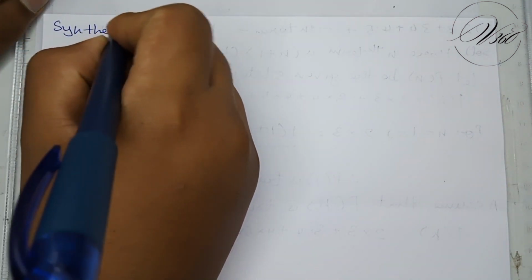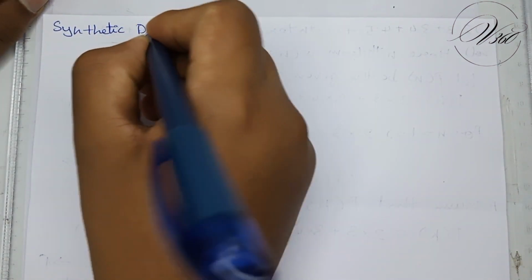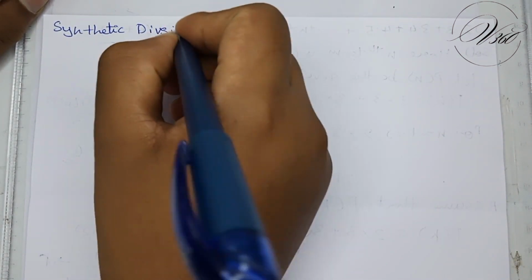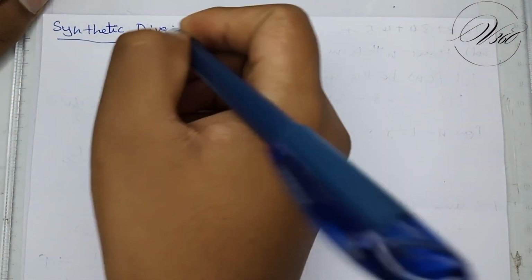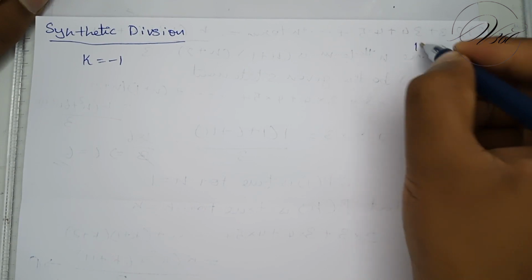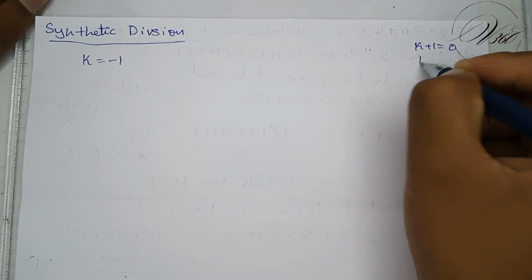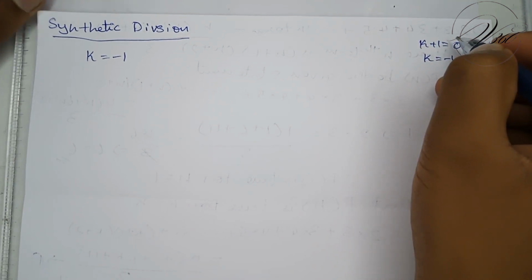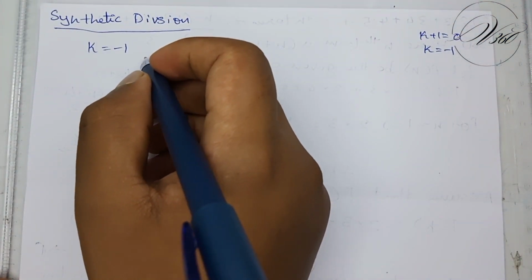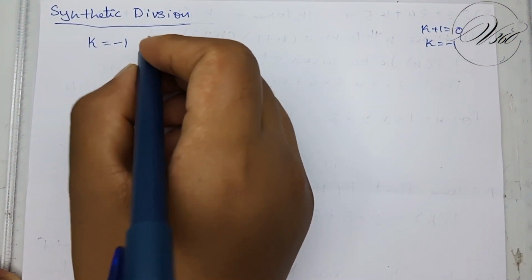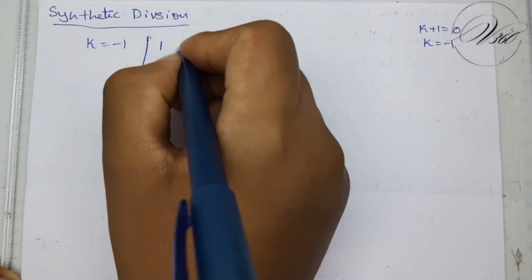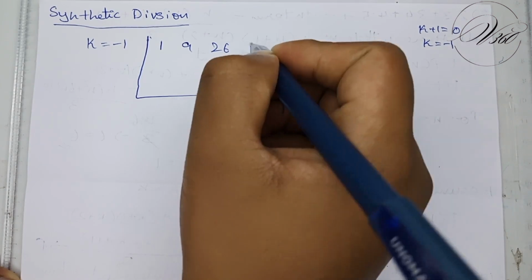This is a mathematical way of dividing an equation. k equals minus 1 because here k + 1 equals 0. Now we'll get 1, 9, 26, 18.